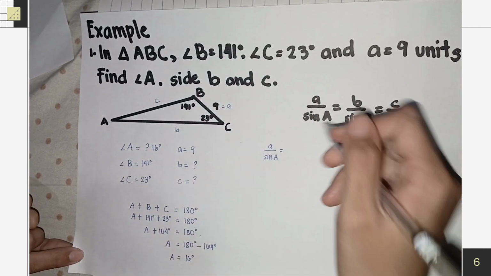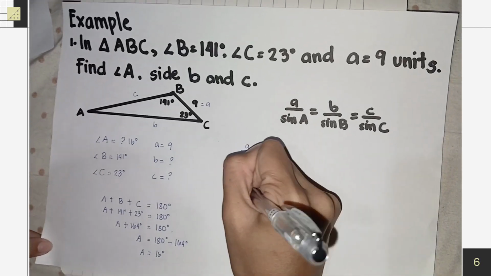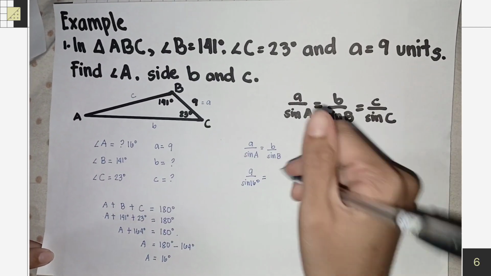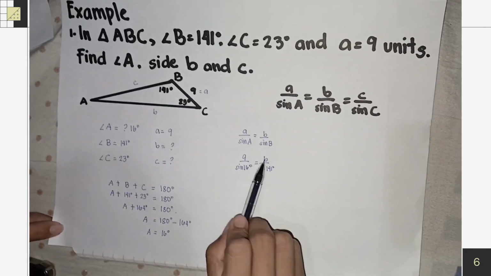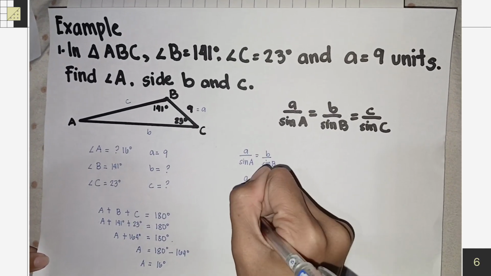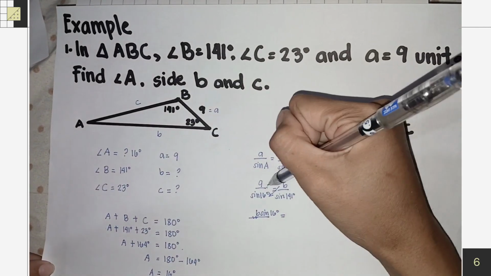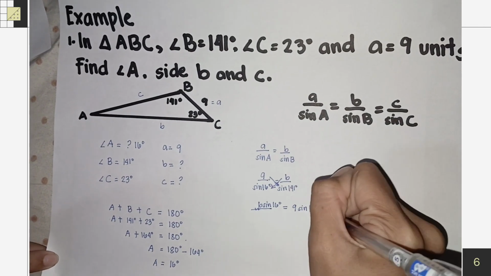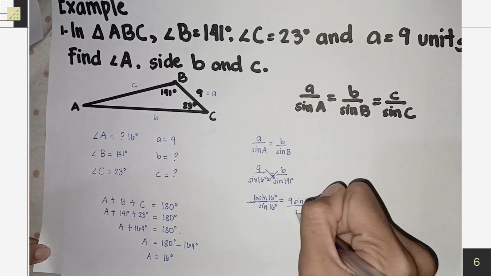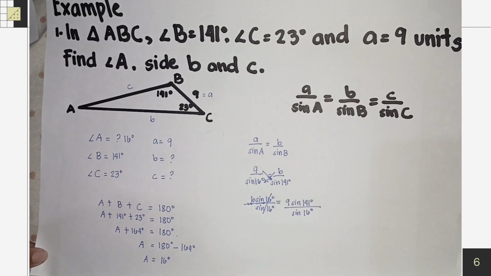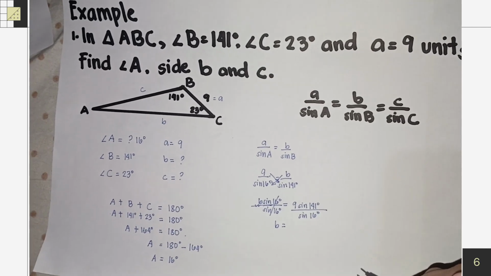In solving for sides, we will check what letters are complete. So, since we have side a and angle A, we can use this formula: a over sine A is equal to b over sine B. To look for side b, substitute the values. We have 9 over sine 16 degrees is equal to b over sine 141 degrees. Now, we can cross multiply.